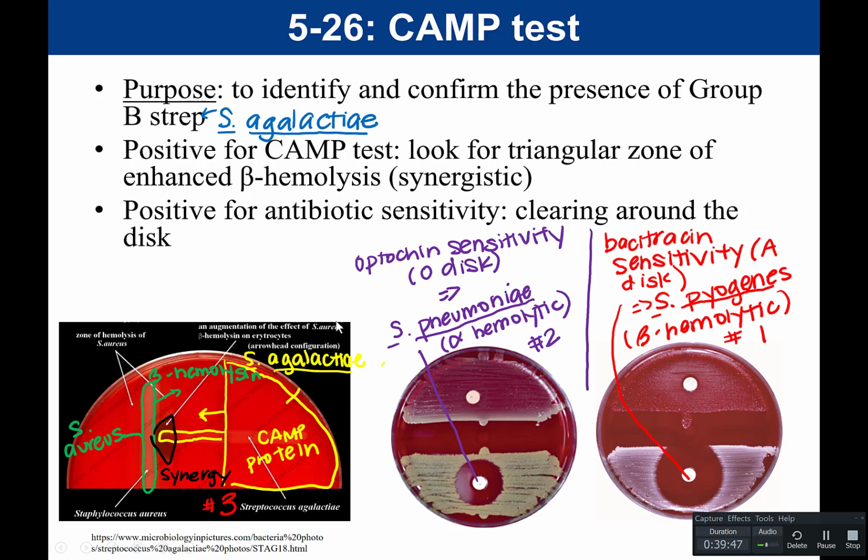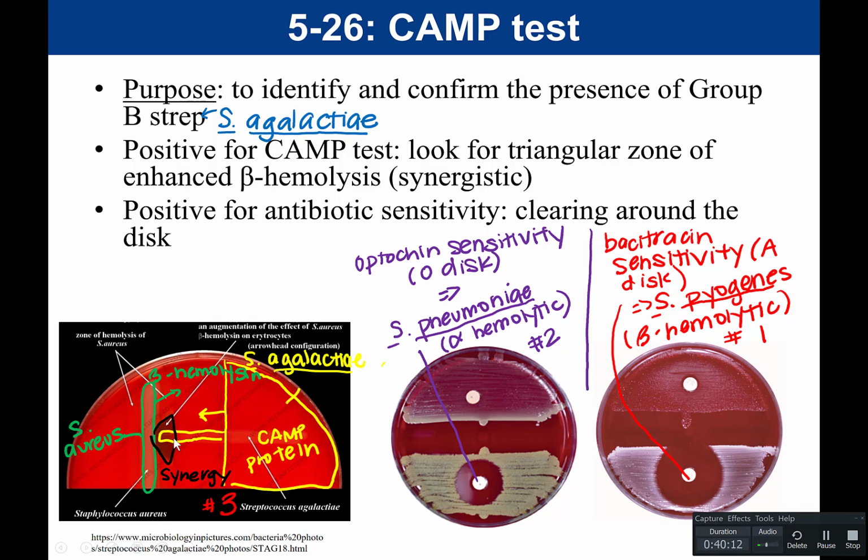And so if that Streptococcus species is group B strep, which is Streptococcus agalactiae, this bacteria is producing a CAMP protein. This Staph aureus is producing that beta-hemolysin, which is able to break down the red blood cells. And so those two combined, right, you also have a broad streak here.